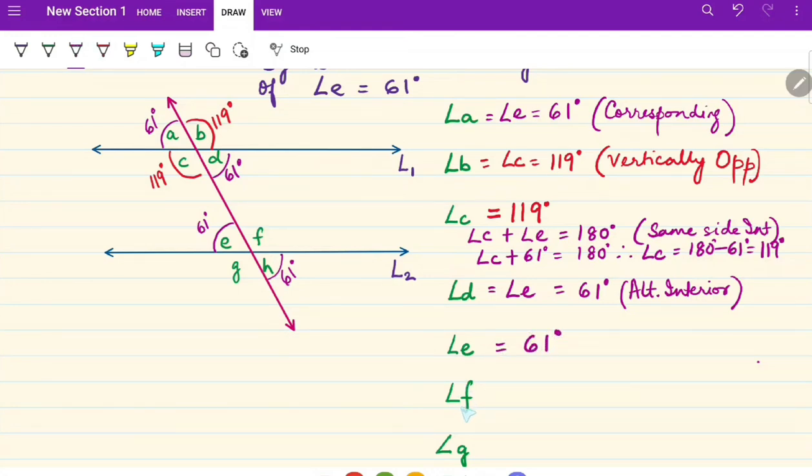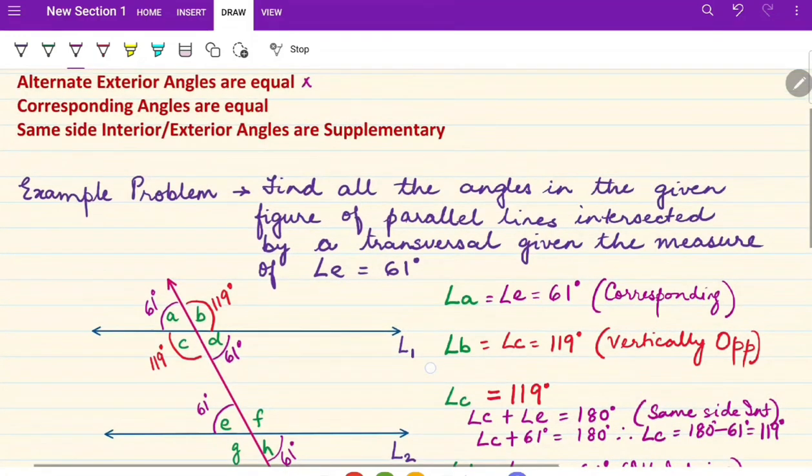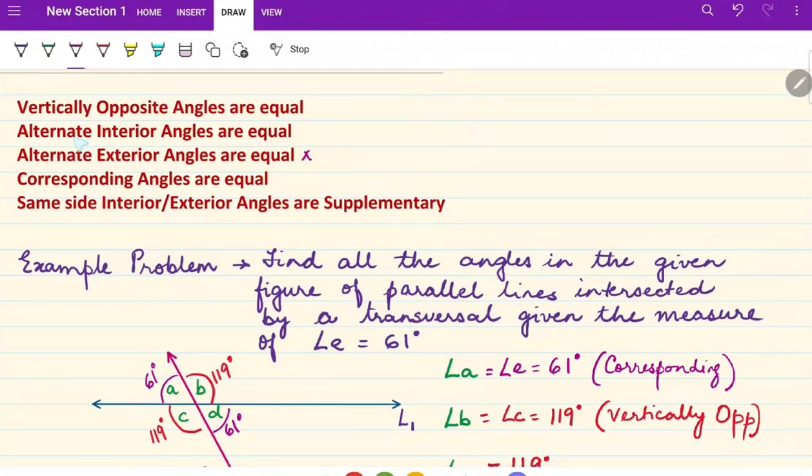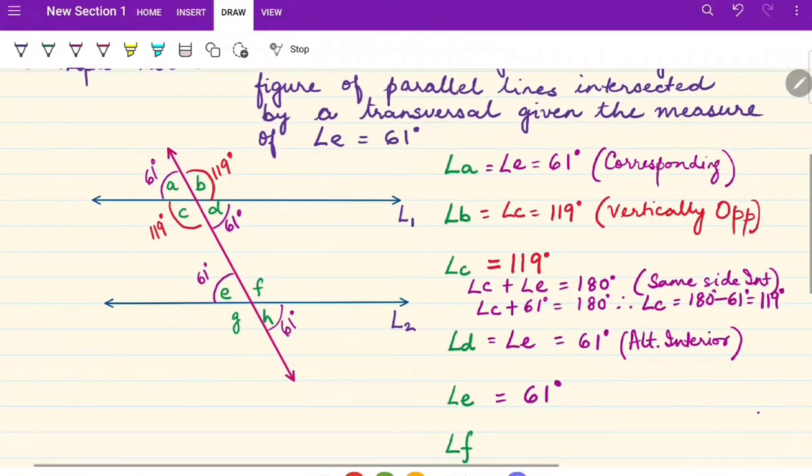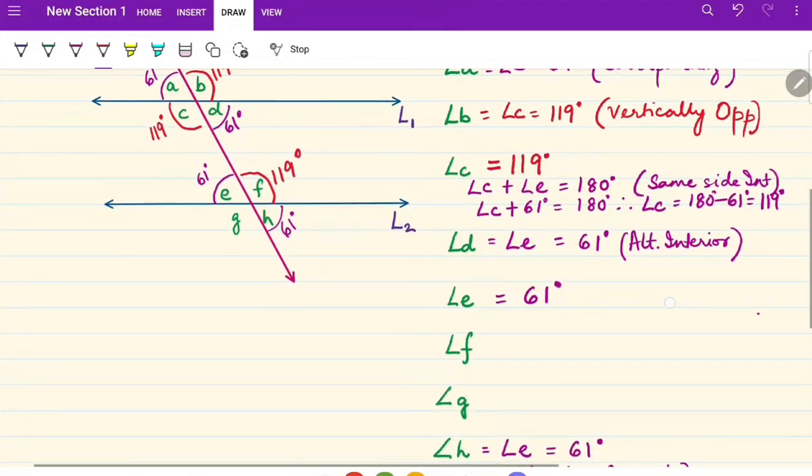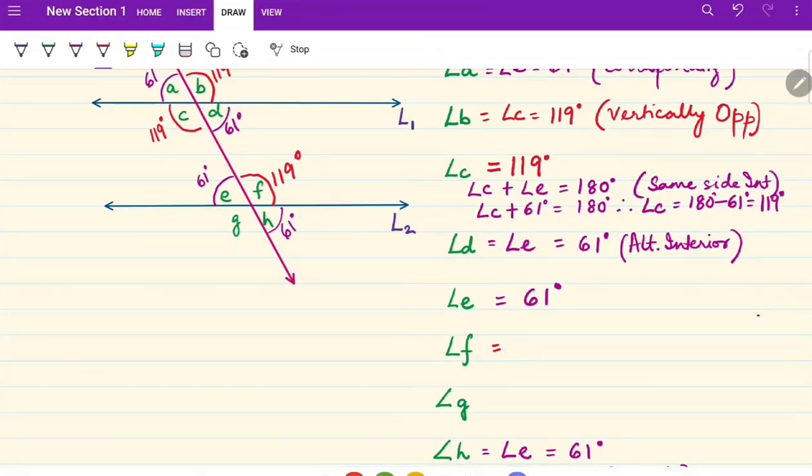And then angle F is the alternate interior angle. In the next one in the list, alternate interior angles, C and F are alternate interior angles. Therefore, that would be equal to 119 degrees. So angle F is equal to angle C, which is 119 degrees, by virtue of them being alternate interior angles.